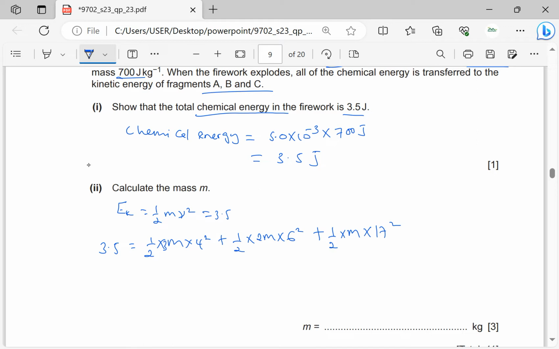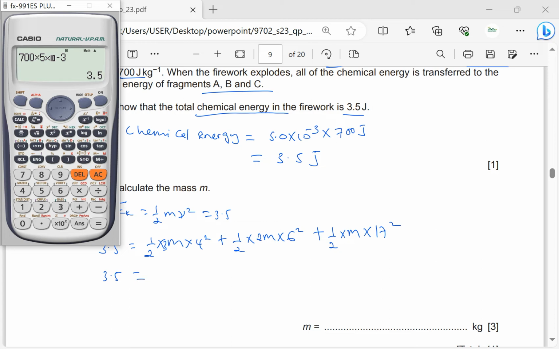I'll just press my calculator. 3.5 equals, so we have 3 times 4 squared divided by 2, plus 6 squared, plus 17 squared divided by 2.